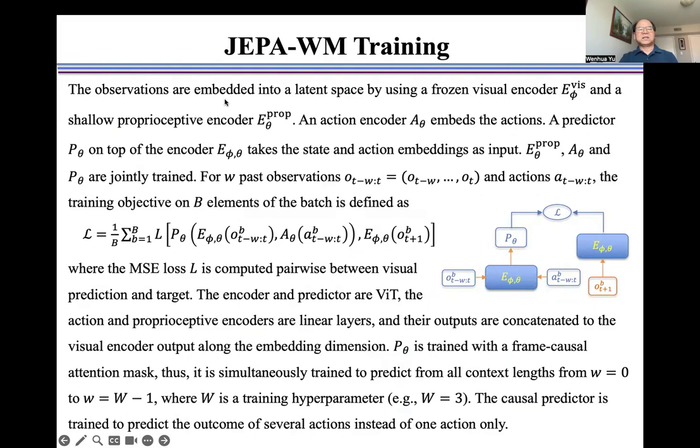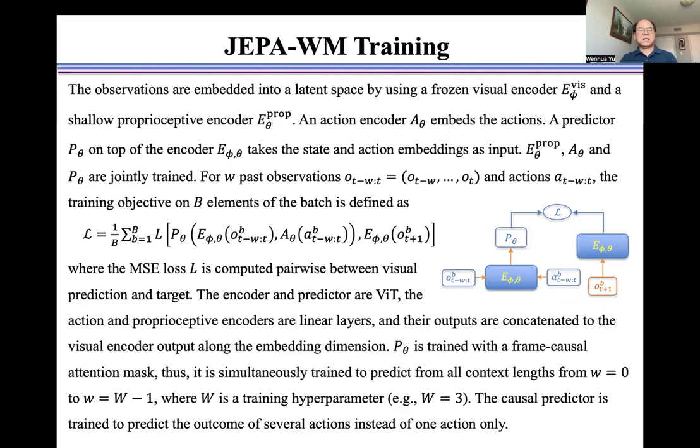The observations are embedded into a latent space by using a frozen visual encoder E phi and a shallow proprioceptive encoder E theta. An action encoder A theta embeds the actions. A predictor P theta on top of the encoder E phi takes the state and action embeddings as input.